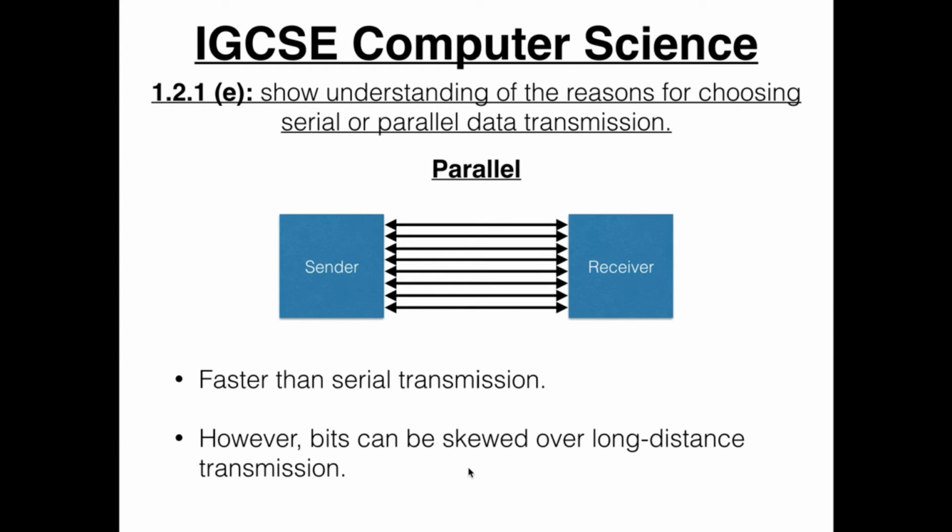So we need to think about the reasons for choosing serial or parallel, and this is pretty much the basic idea. So use parallel for short distance transmission and use serial for long distance, because if you were to use parallel data transmission for calling your friend halfway across the world, although it might be faster, it might sound a little bit weird because the bits may be out of sync, and that's just one of the disadvantages of really fast things.